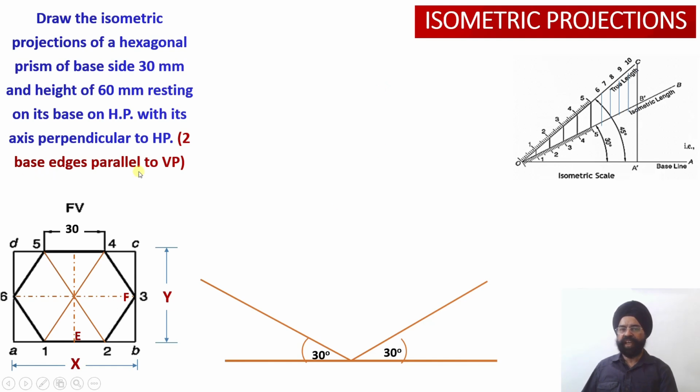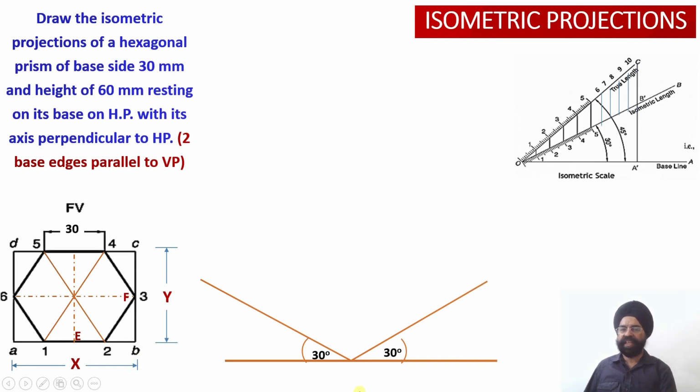Now in this figure, once again, the hexagon is resting on the base on the horizontal plane. So the base, that is the rectangle, will be shown along the x and z plane over there. So we have to work out whether towards the x-axis we have to draw the x dimension, or towards the z-axis we need to draw the x dimension over there.